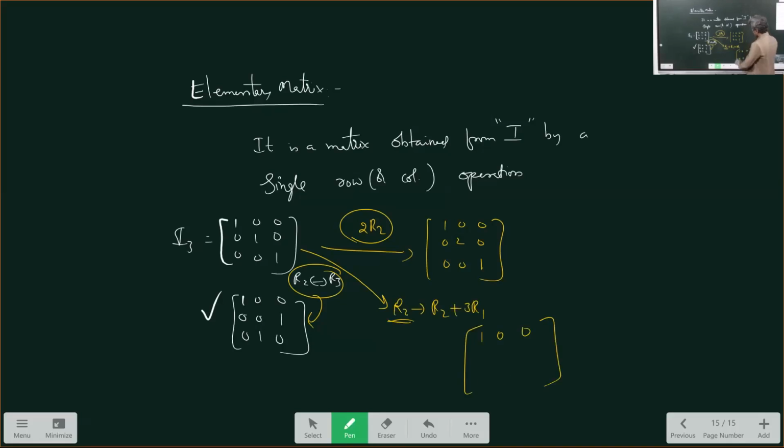What is R2? 3 times R1 is added. So this is another elementary matrix. This is clear? You apply any one elementary operation on the identity matrix, and the resulting one is called the elementary matrix.